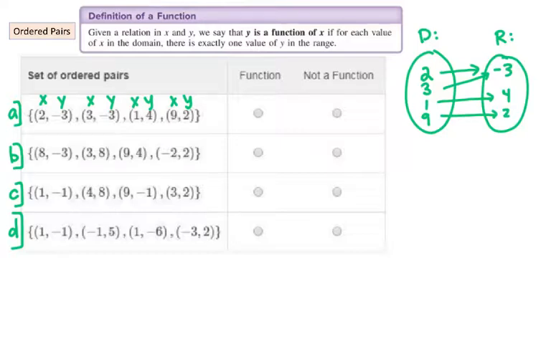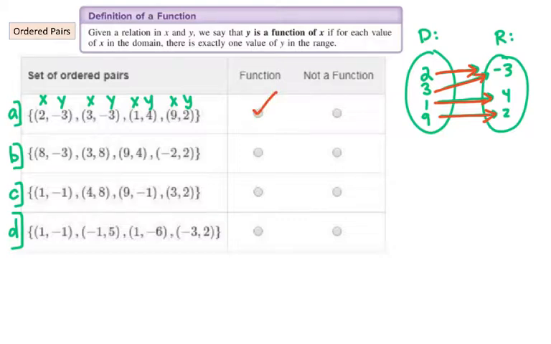So if you look at the mapping diagram here, you see we know exactly where 2 is going. We know exactly where 3 is going, exactly where 1 is going, exactly where 9 is going. There's no question. Each input has exactly one output. So in this case, yes, it is a function.